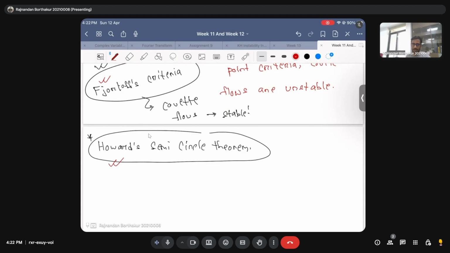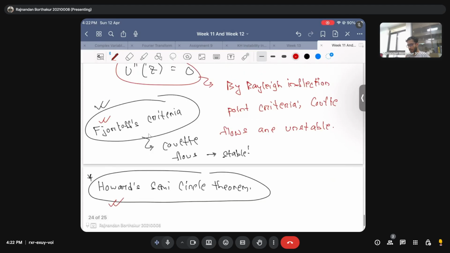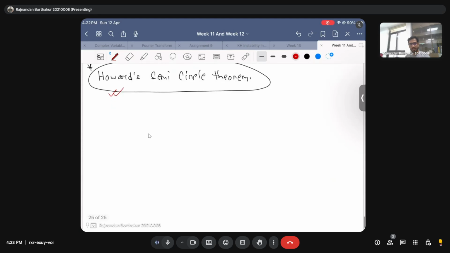The Orr-Sommerfeld equation is more general, and in fact it is fourth order in nature, while the Rayleigh stability equation is a second order ODE. So this finishes the discussion on this aspect.